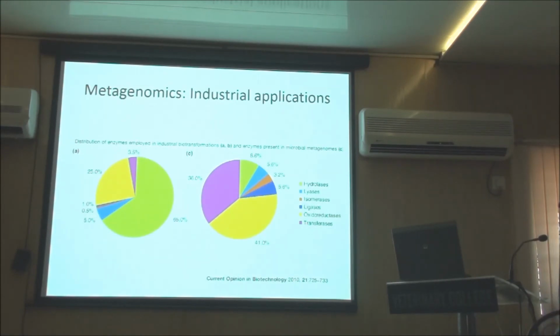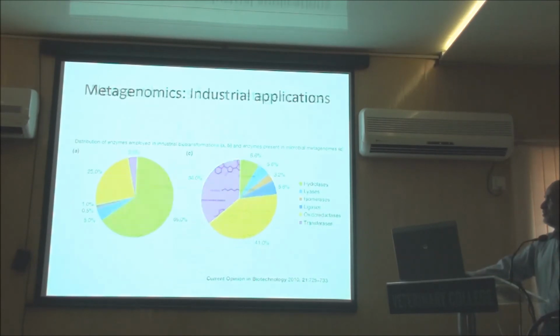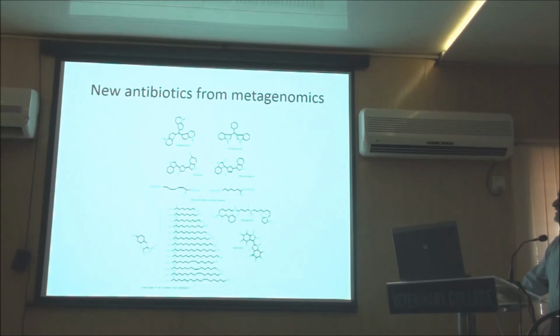So we may get good novel transferases from metagenomes, and the same is the case to a certain extent with lyases and isomerases, because we have very few isomerases currently available, but the metagenome so far has a good number of novel isomerases. So industries would definitely be looking for novel enzymes in metagenome, and novel antibiotics have already been reported from metagenome.